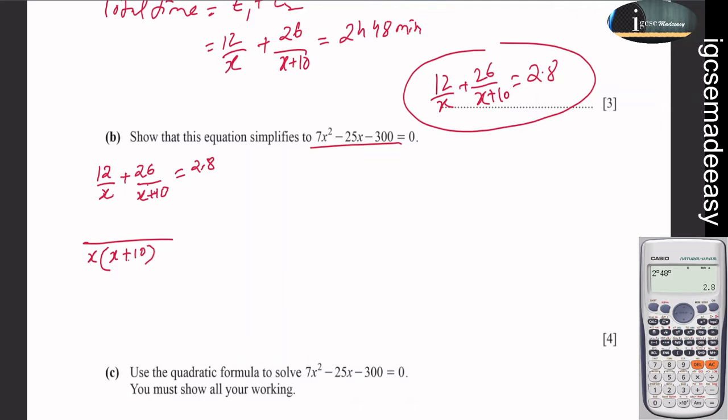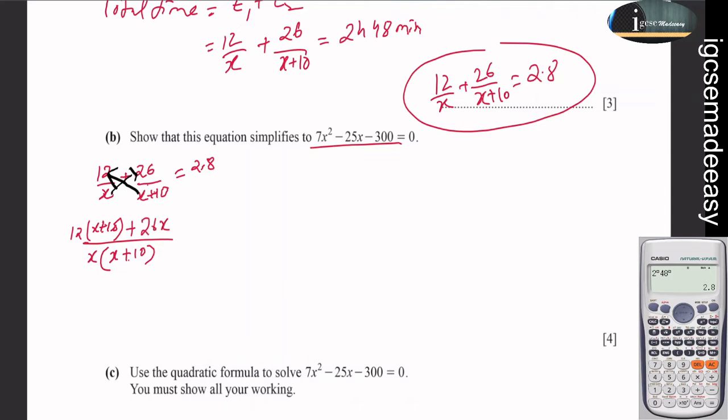I just multiplied the bottom numbers. Then I'll cross multiply. So 12 into x plus 10, plus, now I'll cross multiply the other two numbers, so 26 into x is 26x.